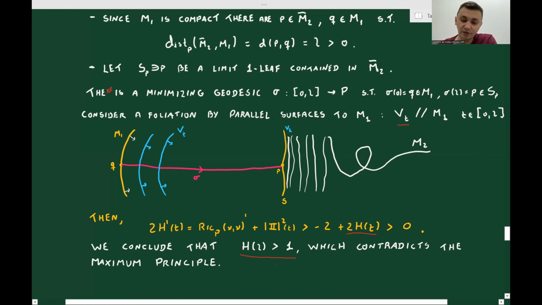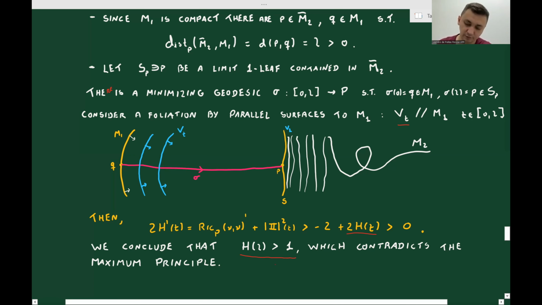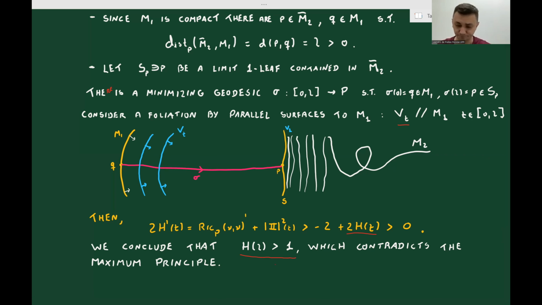Which is a contradiction because VL touches the surface SP in the mean convex side of SP, so we cannot have this kind of, sorry, it's in the other side. Just look at the picture.